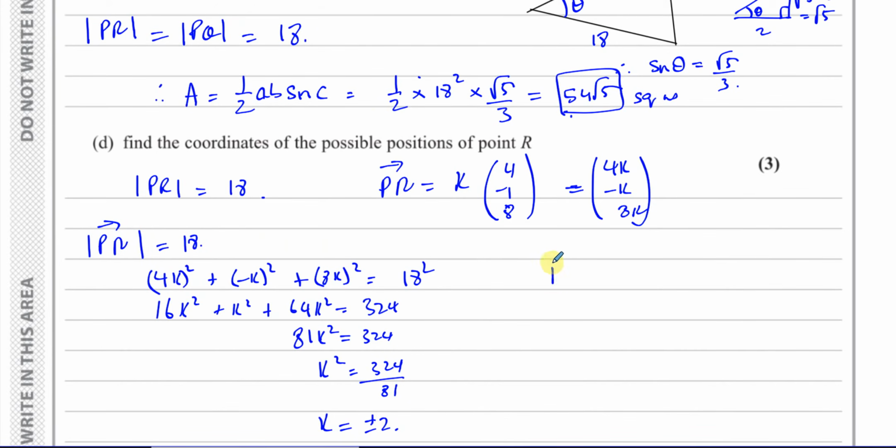So that means PR can either be 2 times (4, -1, 8), or it can be -2 times (4, -1, 8).